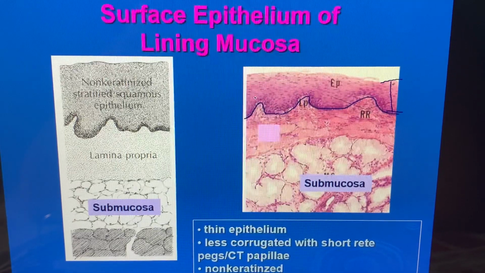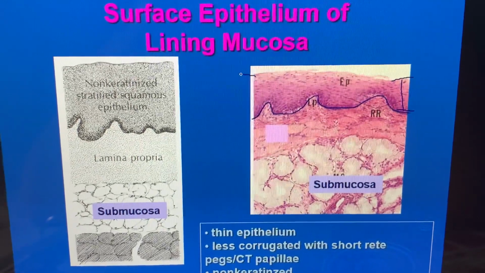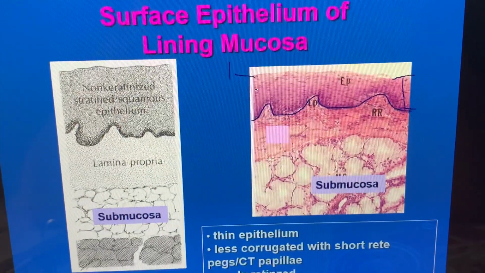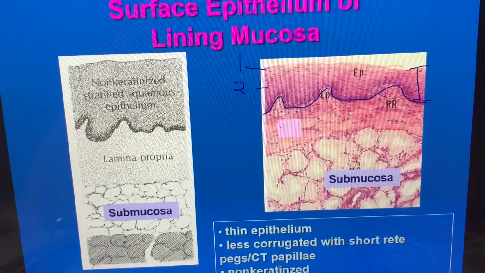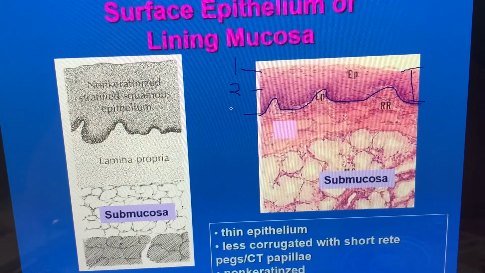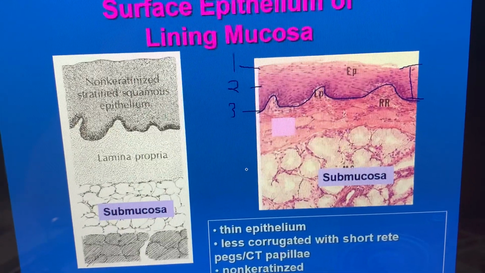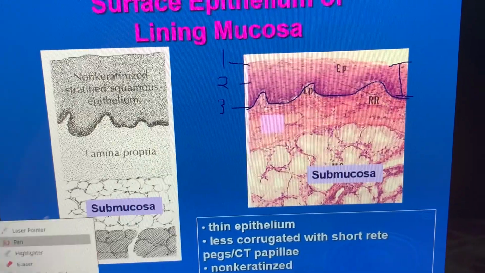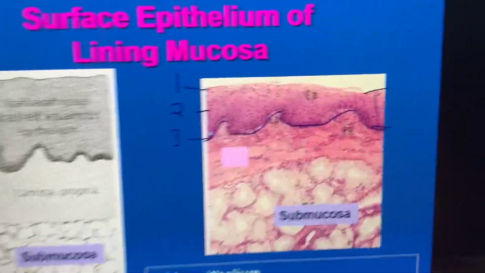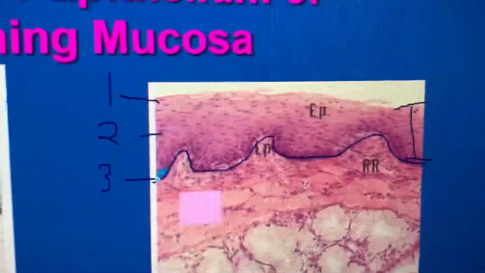So what are the different names of the layers here? And let's have Darian, what are the 3 layers in non-keratinized stratified squamous epithelium? So it'll be granular layer.